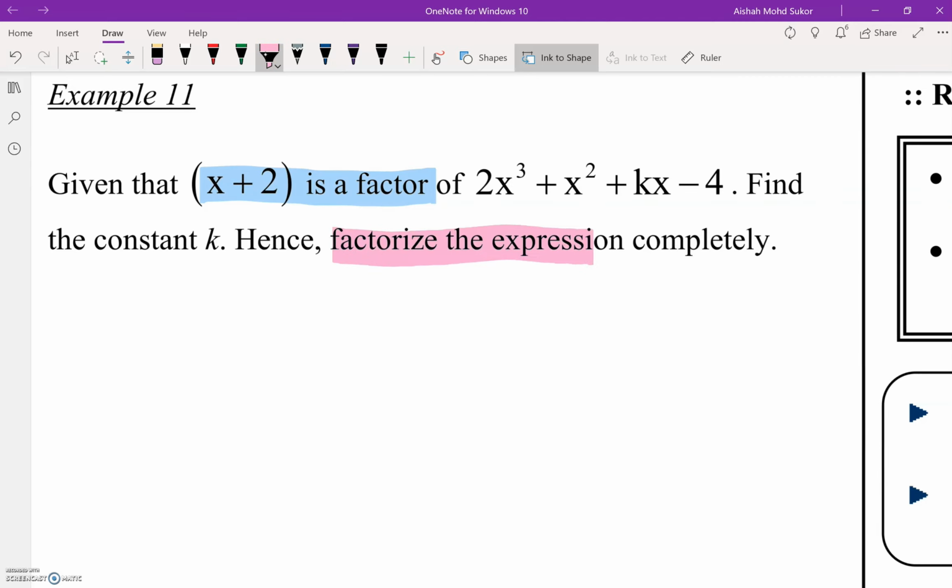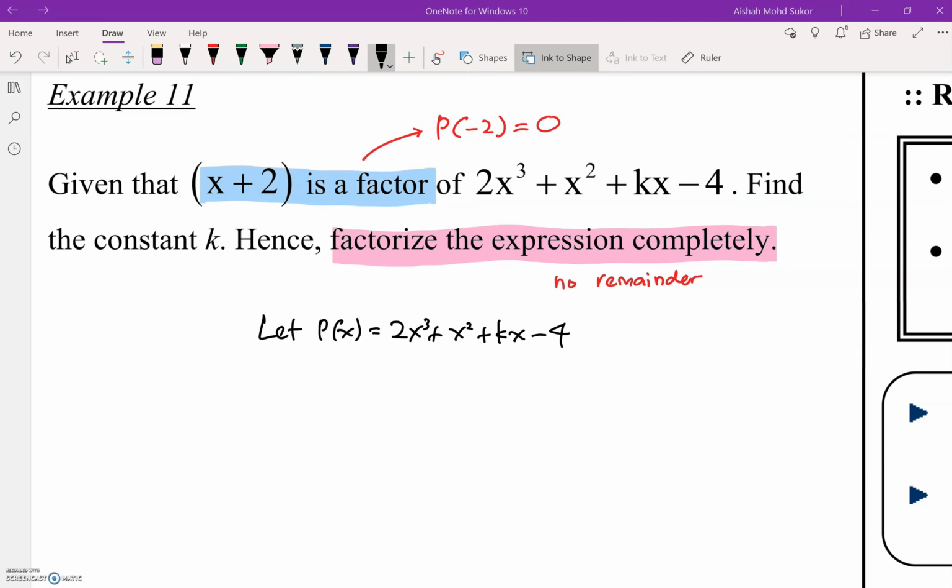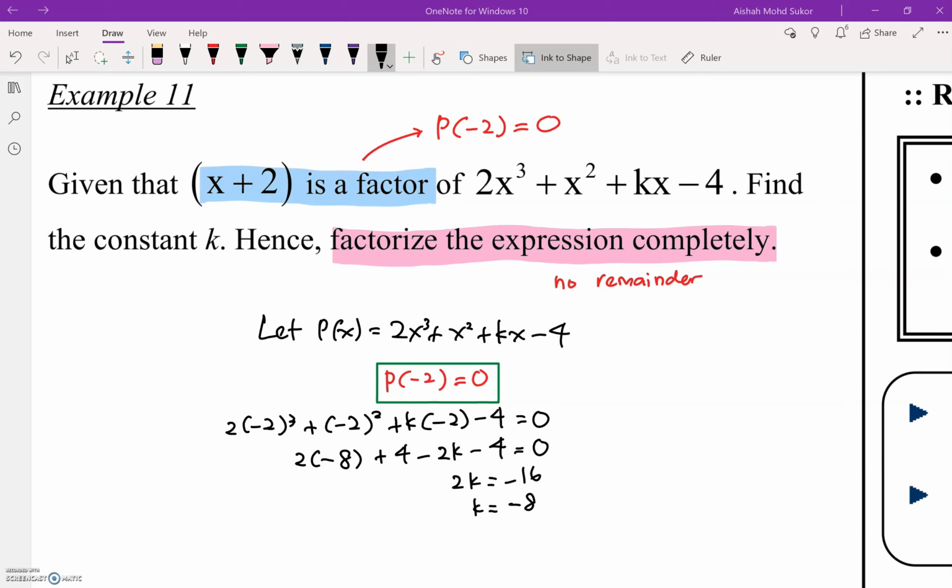Factorize the expression completely means that the polynomial will have no remainder. x plus 2 is a factor means that p(negative 2) is equal to 0. So we let p(x) be 2x cubed plus x squared plus kx minus 4. By substituting x equals negative 2, we get k equals negative 8.